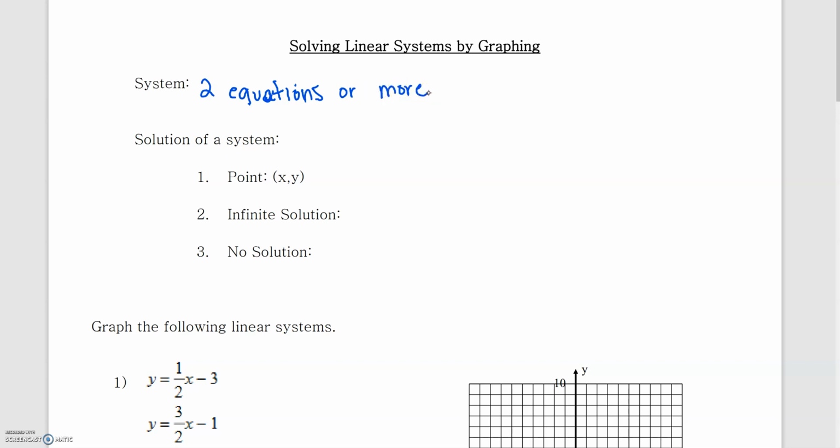So let's say we had y equals 2x minus 1 and y equals 4x plus 3. There's two equations. We are going to take a look at three different solutions we might have given two or more equations. And that would be a point.